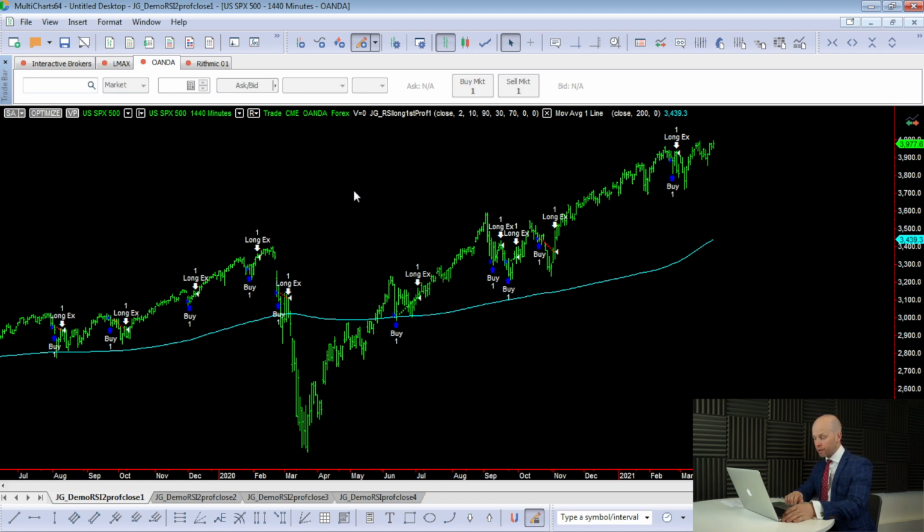For those of you who don't already know, this strategy is a long only strategy, and very briefly we're using a 2-period RSI, so not a normal 14 period, using a fast RSI applied to the daily chart, and we're looking to buy the market when the RSI crosses down below 10, and we're only looking for buys when the price is above the 200 period moving average.